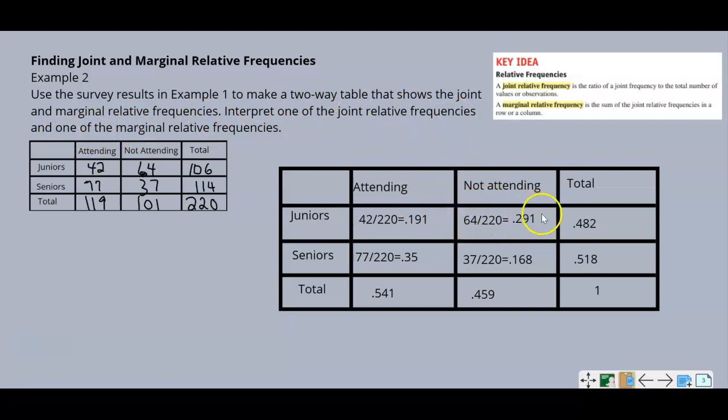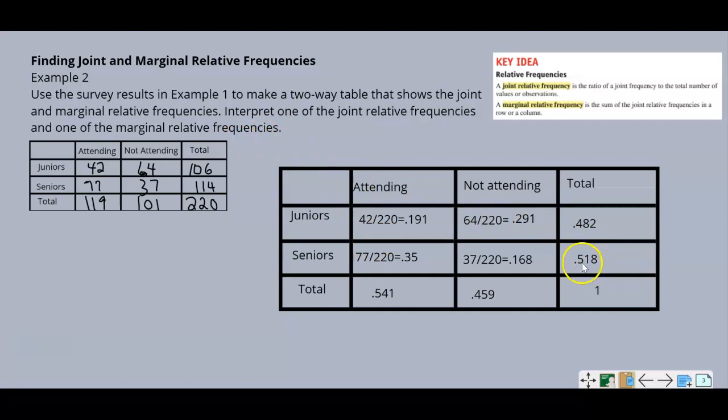All right, it says interpret one of the joint relative frequencies and one of the marginal relative frequencies. Let's choose this one right here, 0.291. This tells me that approximately 29.1% of juniors are not attending whatever concert, whatever event this is. And then let's choose one marginal one.